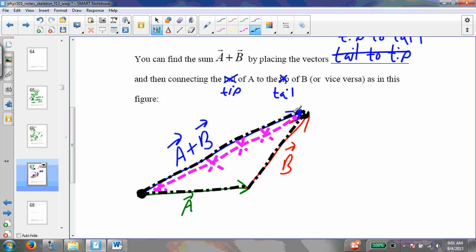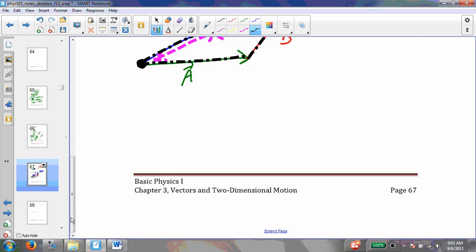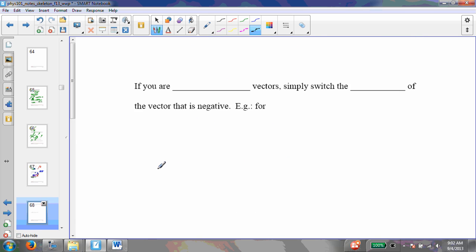All right, I can also subtract vectors. So let's consider A minus B. If you are subtracting vectors, you simply switch the direction of the vector that is negative.